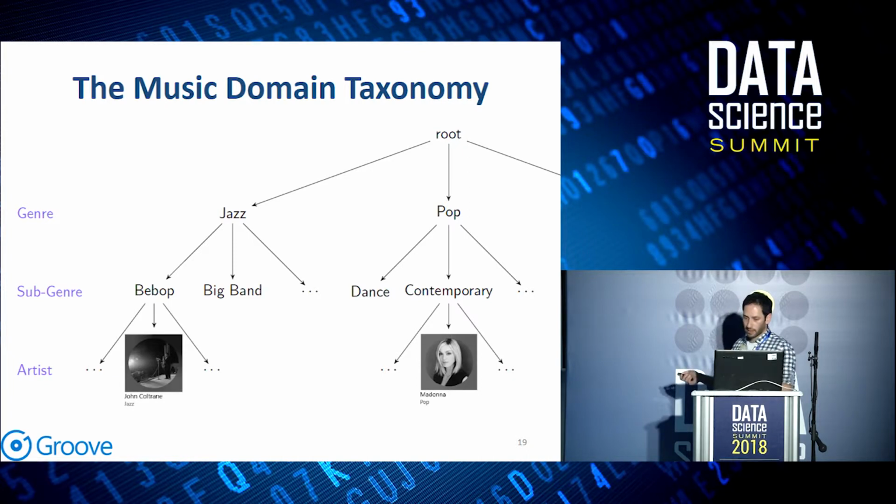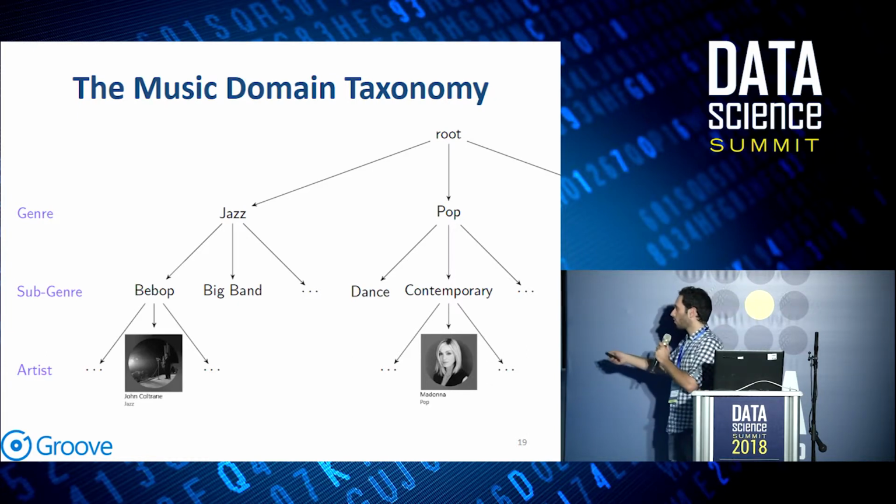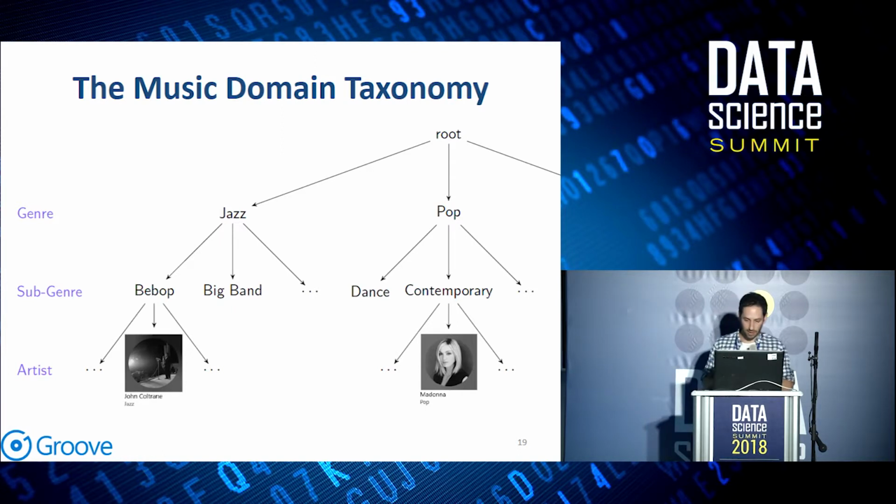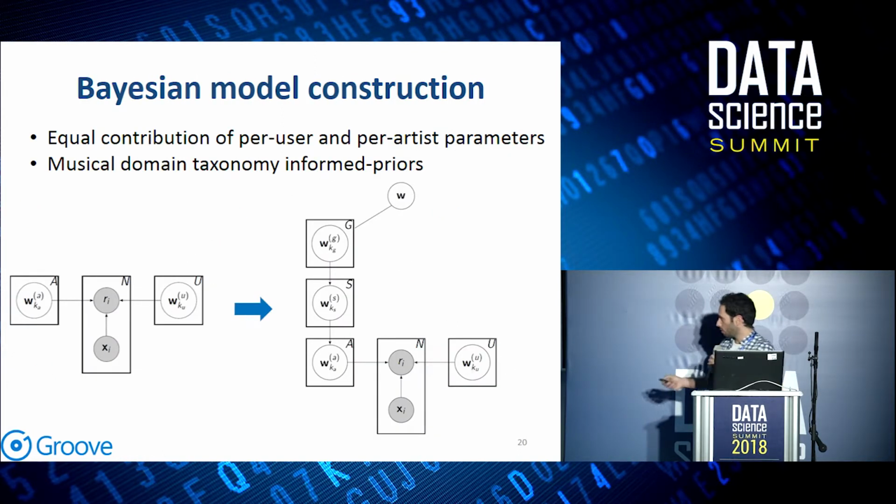And we can make the assumption that artists are roughly located as a single leaf in this tree, so they have a clearly defined subgenre and genre that they tend to stick to. When we add this hierarchy to the model we previously described, we also have informative priors that come from the subgenre, the genre, and this global root node that we saw previously in the taxonomy.